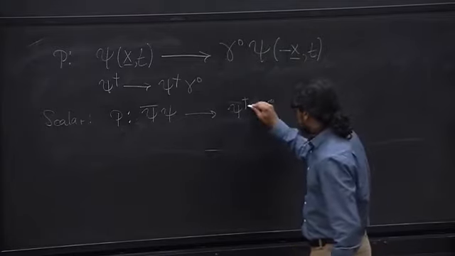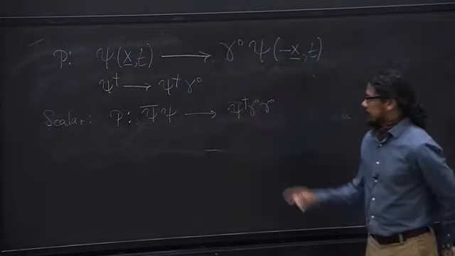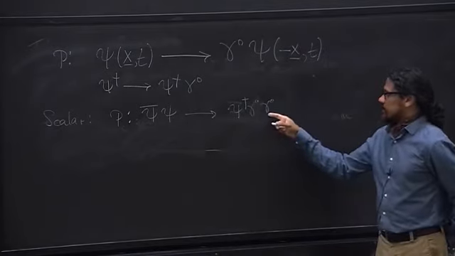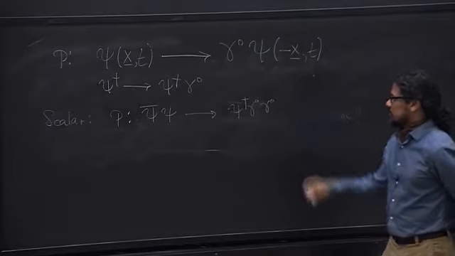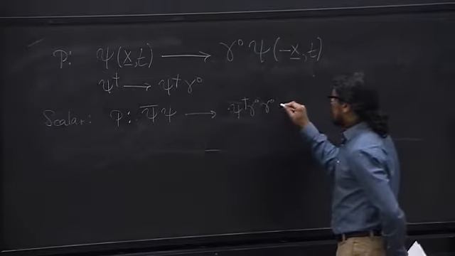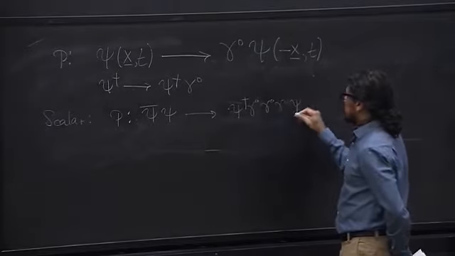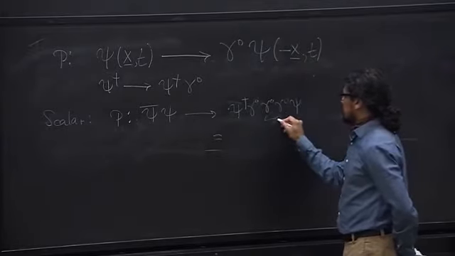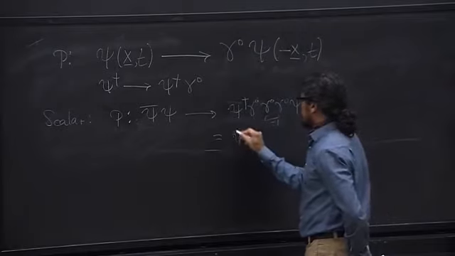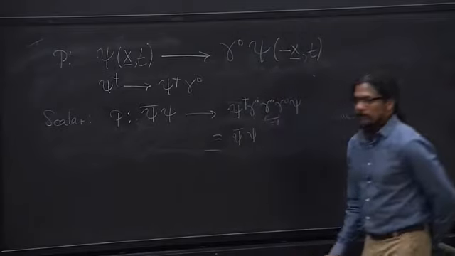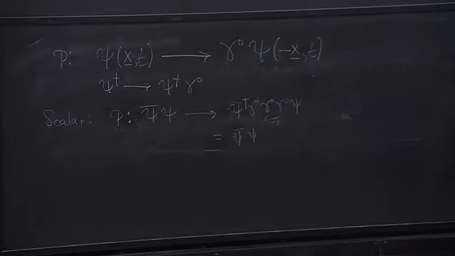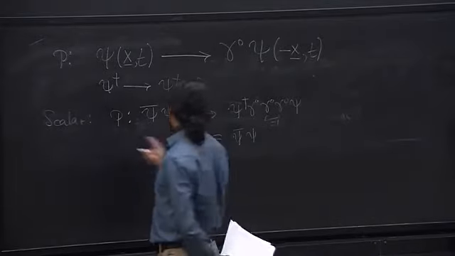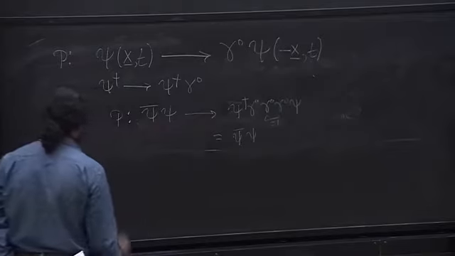Under parity, this guy should pick up a gamma 0. Nothing happens to the gamma 0 because that's just a constant matrix. And psi would pick up another gamma 0. So we've got 3 gamma zeros here. 2 of them will give me 1. So I see that this thing doesn't change under parity. So a scalar under parity transforms like this.